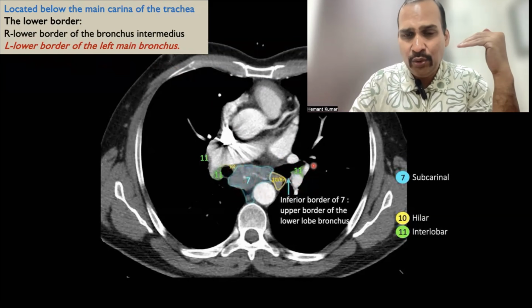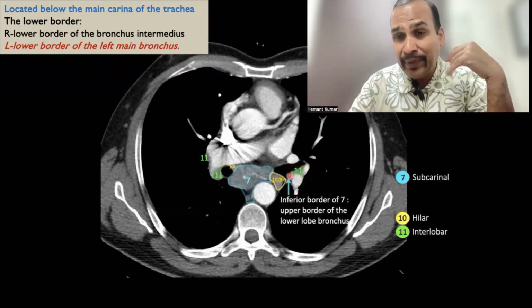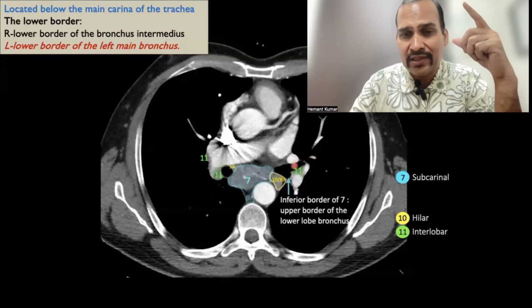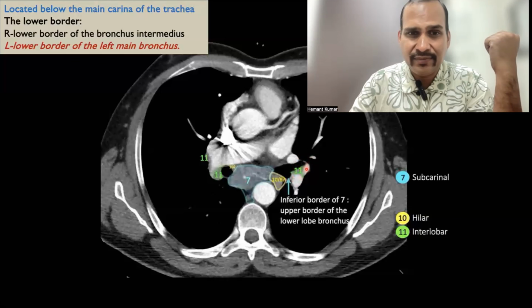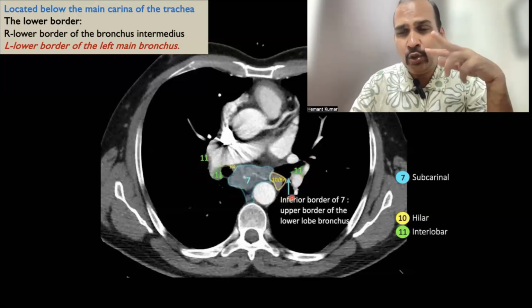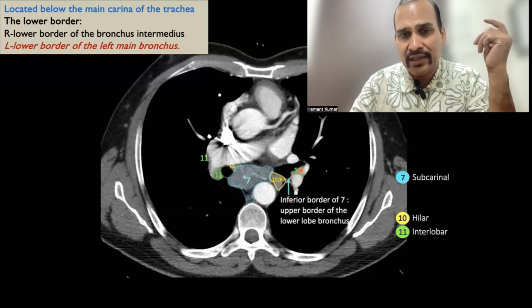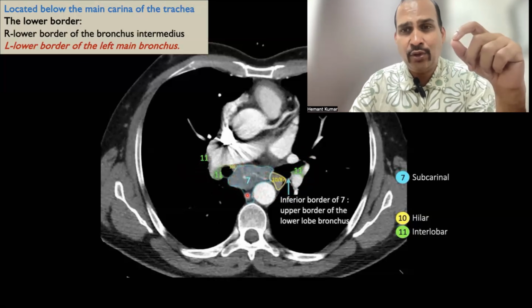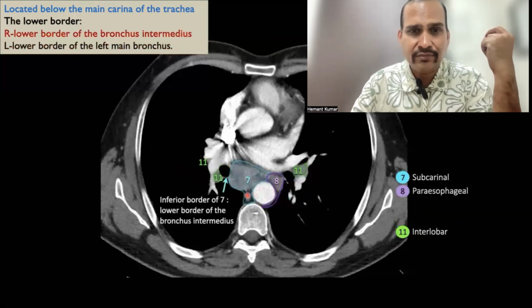Okay, so along the lower bronchus, this is 11, between the two lower bronchi, station 11. So you should not forget to identify station 7, which is very important for your TBNA and EBUS.